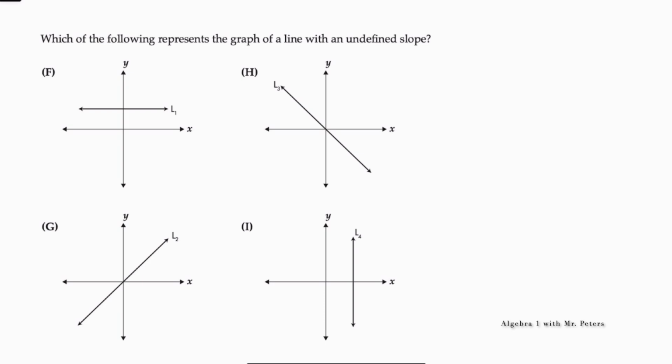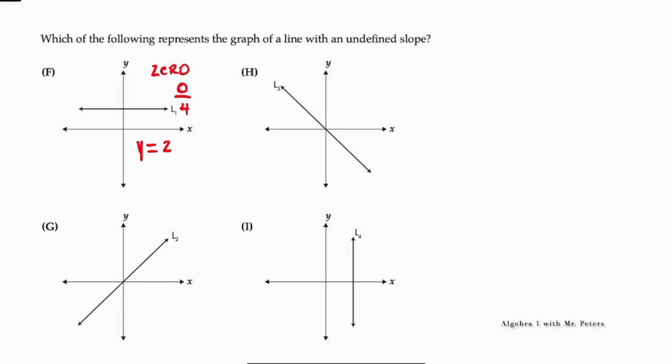So F, when we look at F, we should know that this has a zero slope. So yes, there is a slope. It would be something like 0/4. If we're looking for an equation, we would see something that says y is equal to 2, or y is equal to something. Okay?